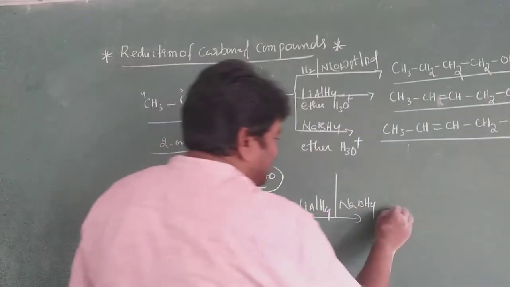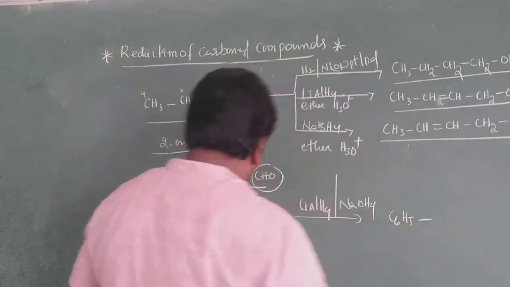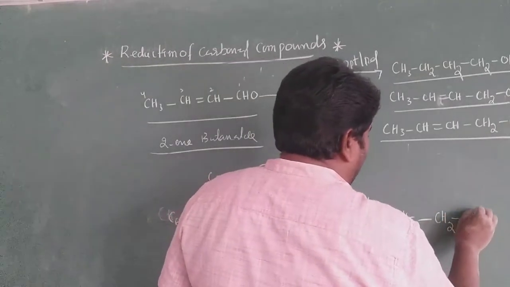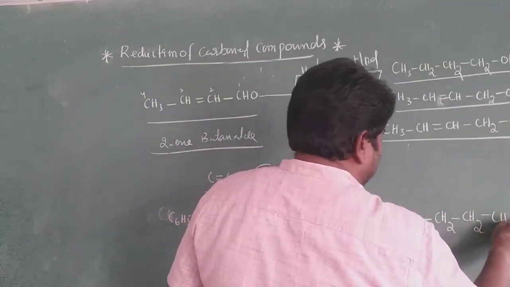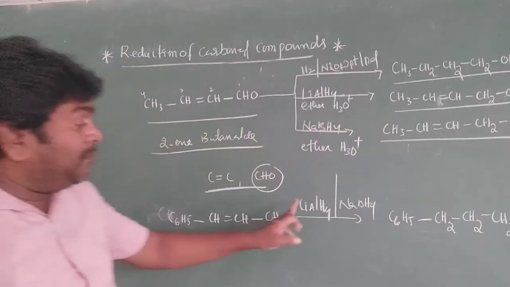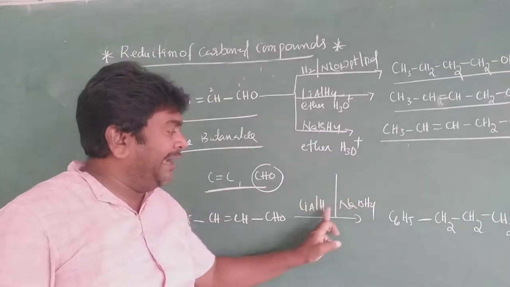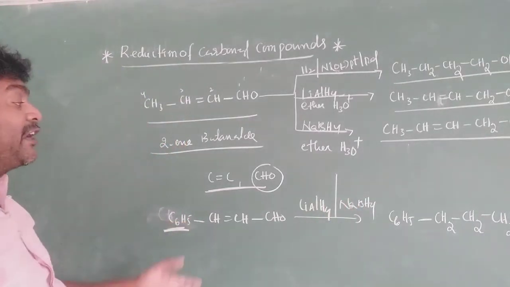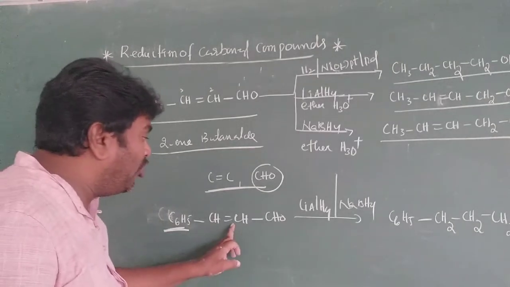It gives C6H5-CH2-CH2-CH2-OH. If a phenyl group is there, lithium aluminum hydride and sodium borohydride can reduce both the double bond and the aldehyde.